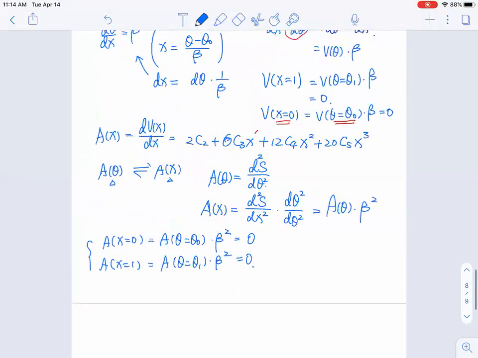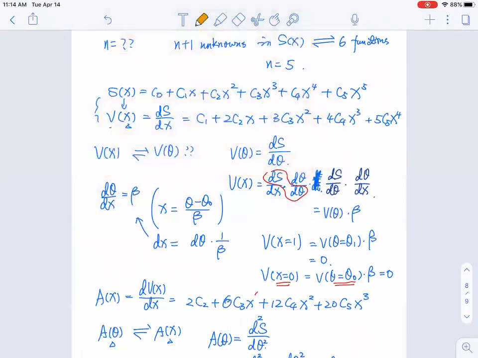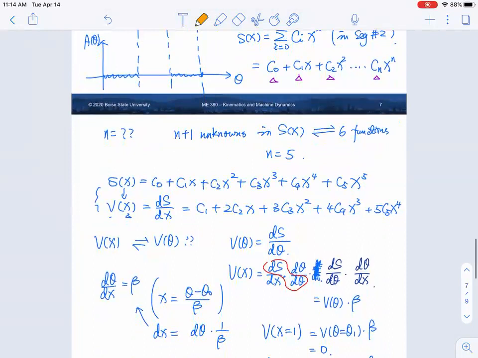All right, so let's count all the equations we have. For displacement, you have x equals 0 and x equals theta naught, and that's your h.